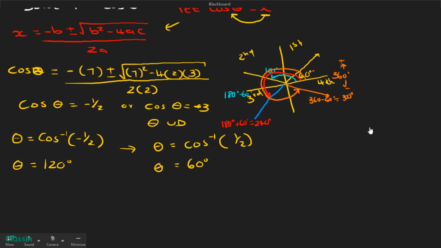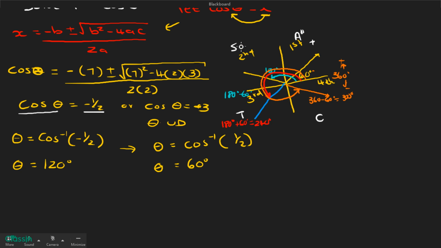Now we come to check in which quadrant we find cos as negative. According to CAST, all ratios in the first quadrant are positive.